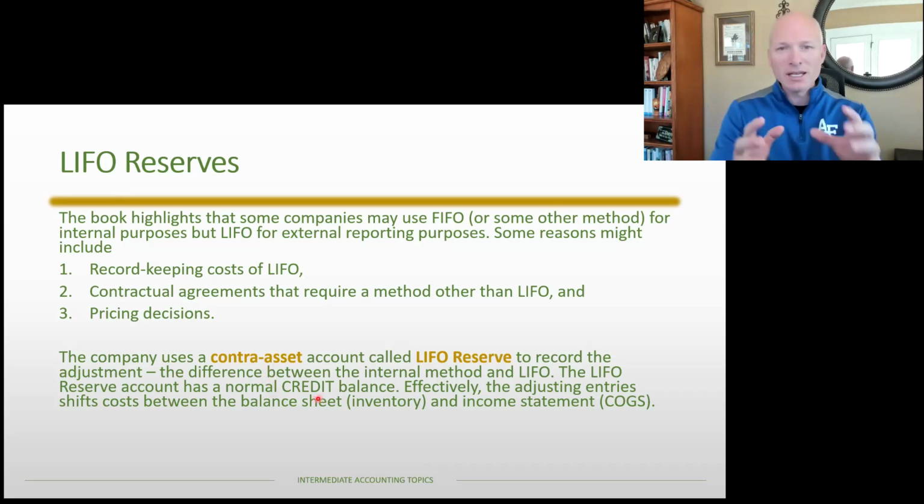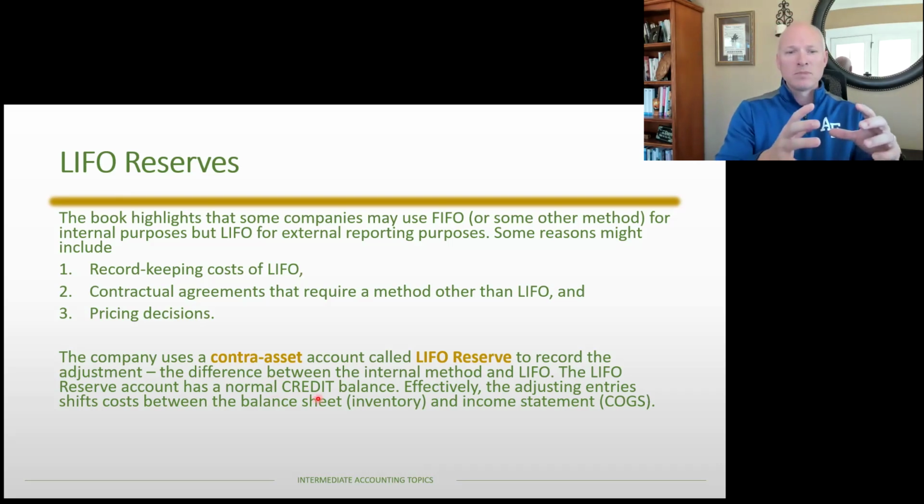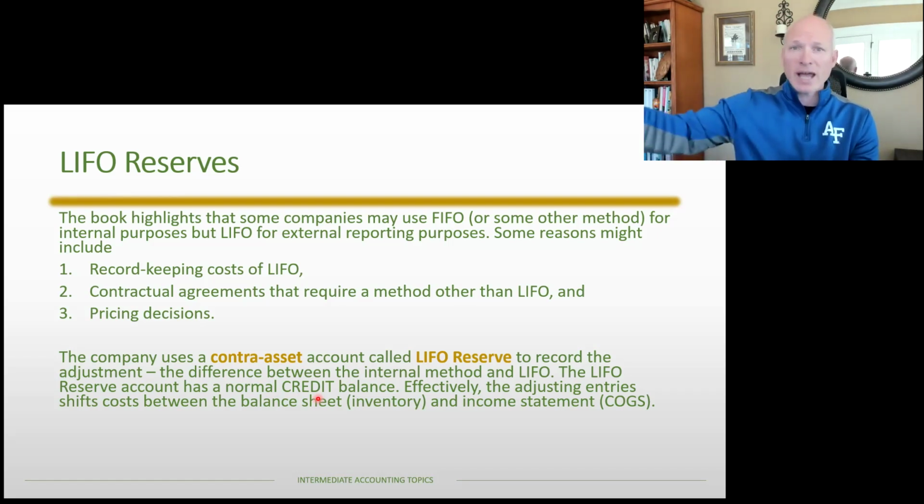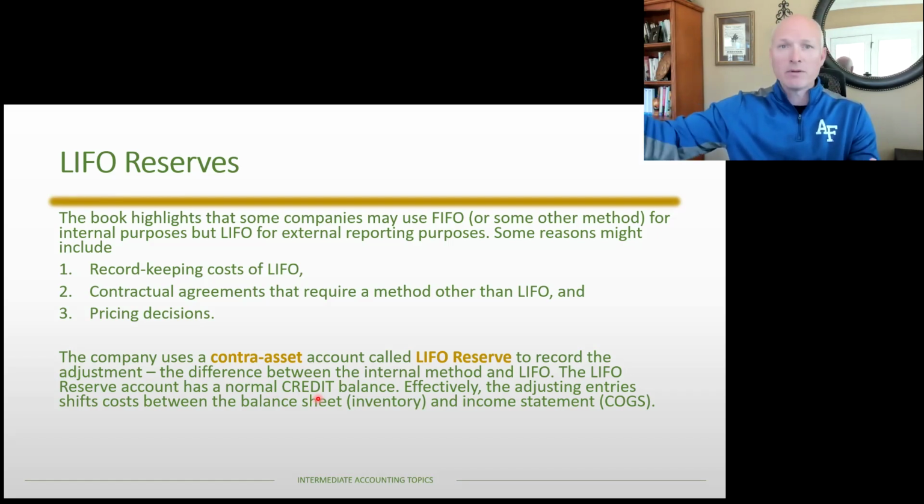Yeah, sure. So the idea here is that internally we're using FIFO, and so maybe to say it another way, our most current costs are going to be tracked internally in our inventory account. But for whatever reason, we want the tax advantage or the other advantages of LIFO for external purposes.